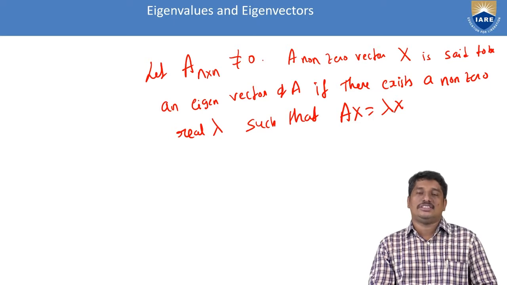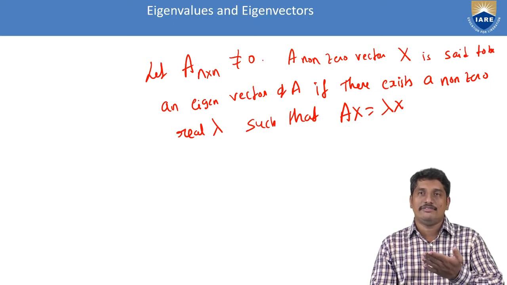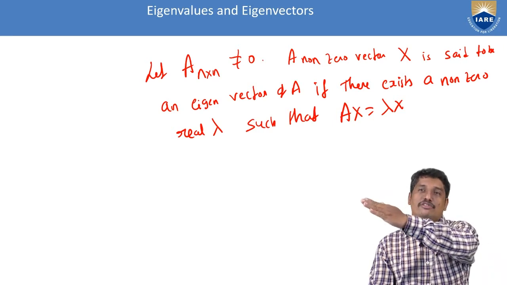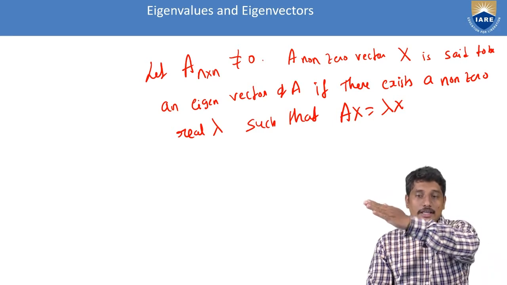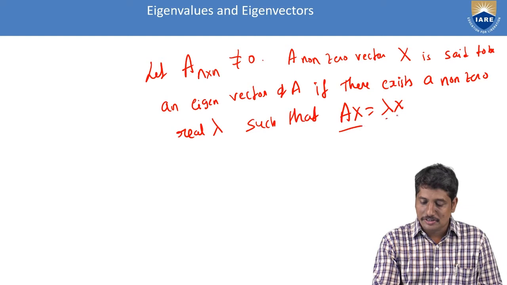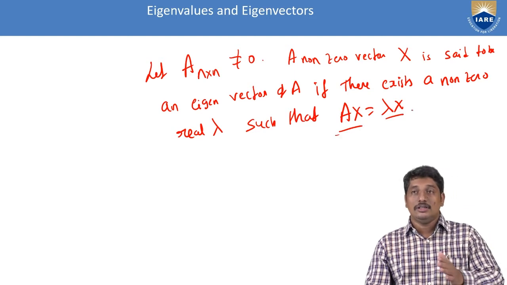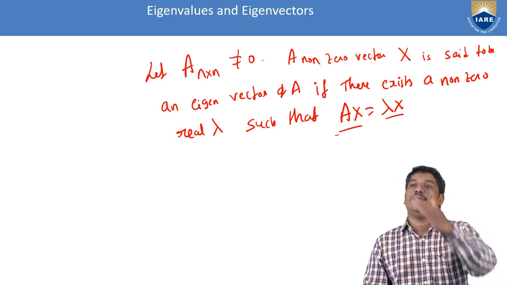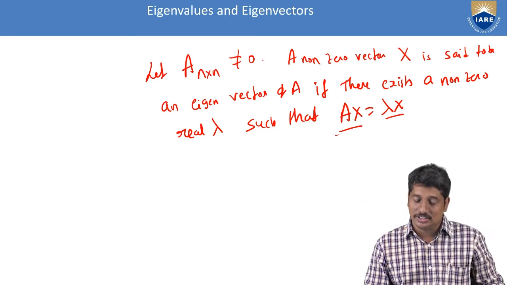Simple, what we have discussed now. We discussed that an eigenvector doesn't change its direction. It continues in the same direction even after multiplying. That is what we have represented in this equation: Ax is equal to lambda x. Before multiplication the vector is x, and after multiplication it is lambda x, which means it doesn't change its direction.